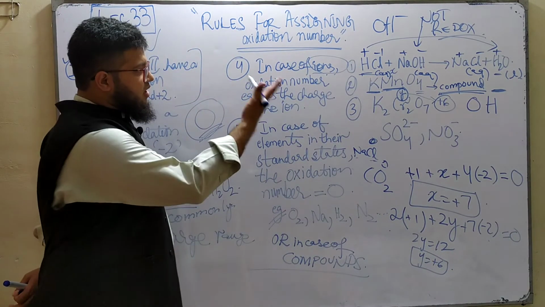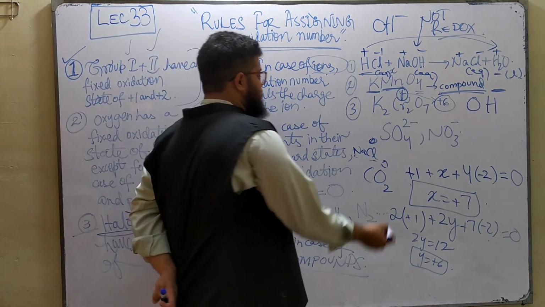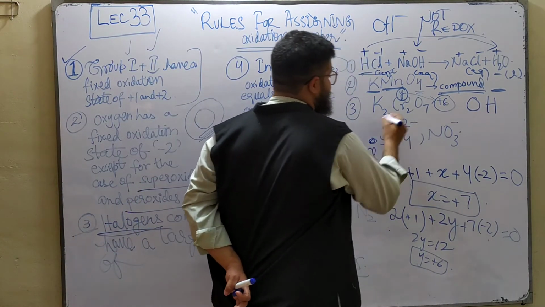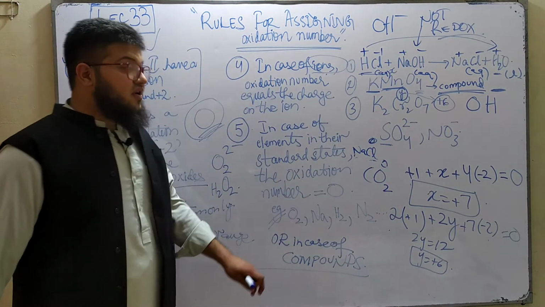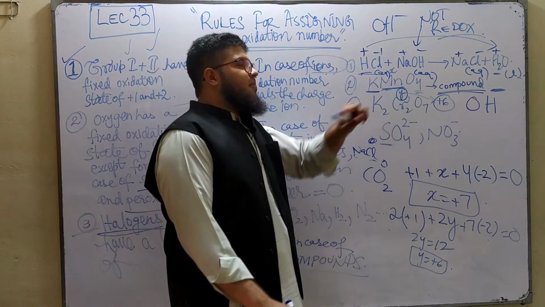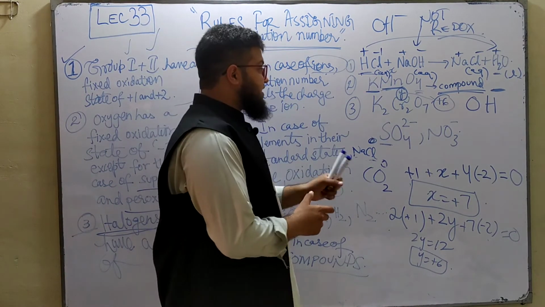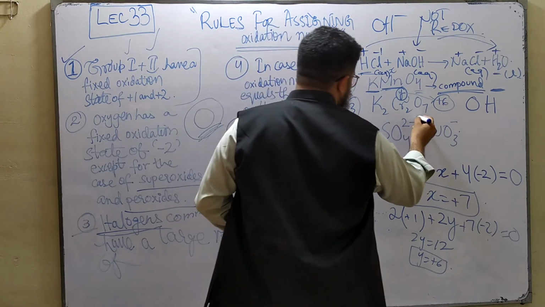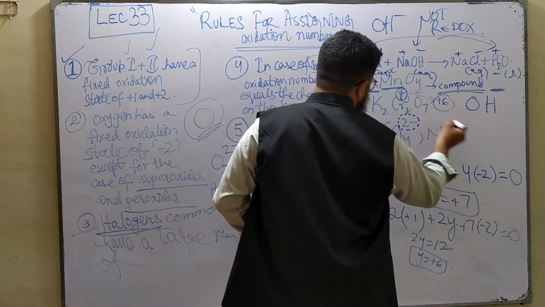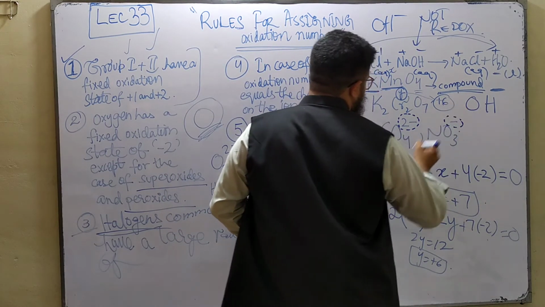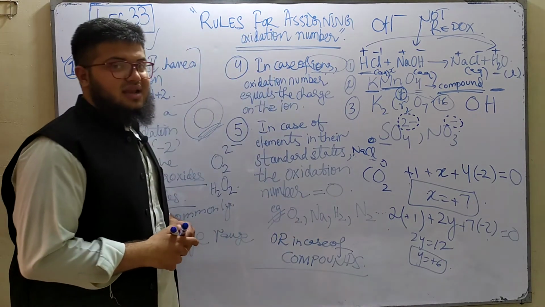Similarly, you can calculate the oxidation number of sulfur in case of sulfate. Now this is different from dichromate or manganate. Reason? Because this is a charged ion and the overall oxidation number is -2. Same applies for nitrate. The overall oxidation number is -1.